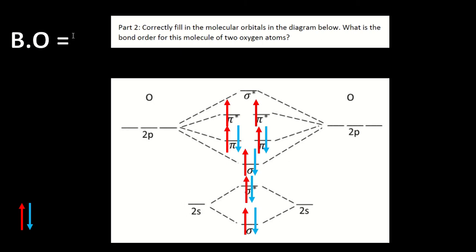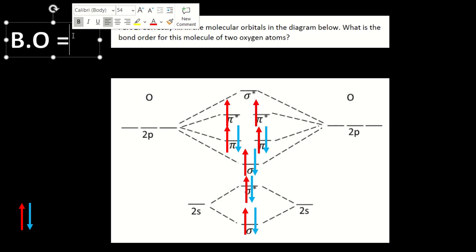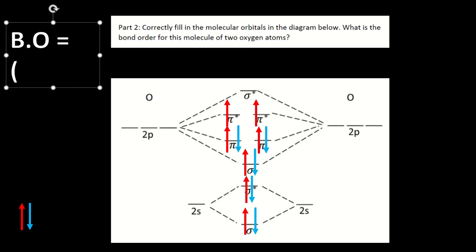Now, to determine the bond order, BO, that is simply going to be the number of bonding electrons, the number of electrons in bonding orbitals, minus the number of electrons in anti-bonding orbitals, and then divide that difference by 2. So all these molecular orbitals that do not have an asterisk are bonding orbitals.